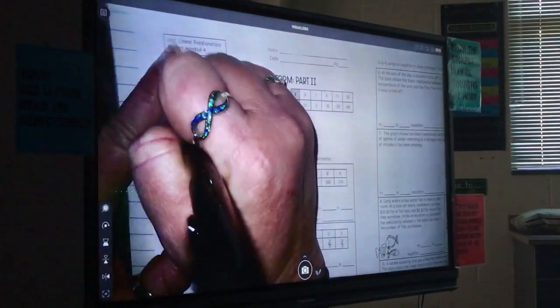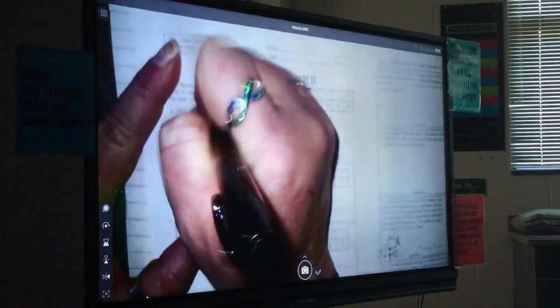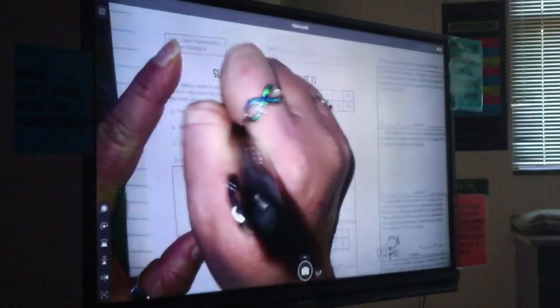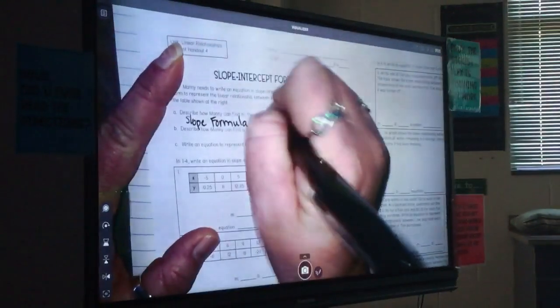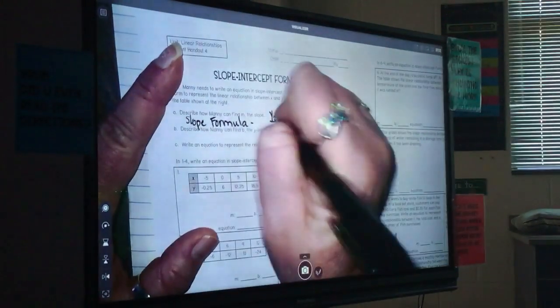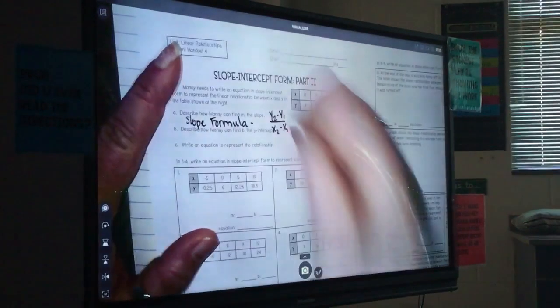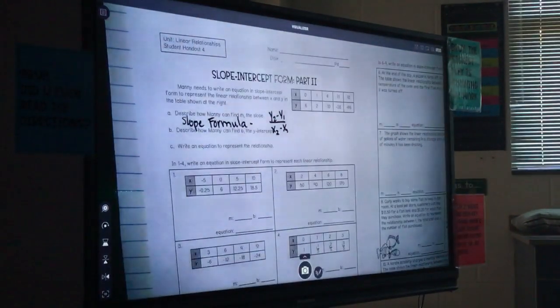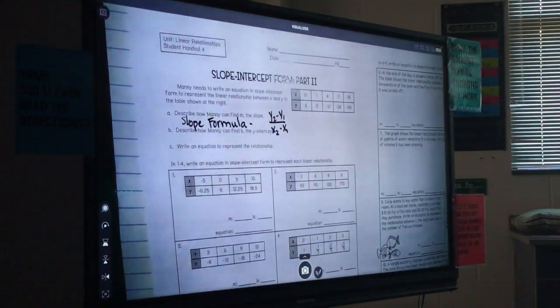That's the slope formula, which is y2 minus y1 over x2 minus x1. So essentially that is the correct answer for A. You could have written more, but for the most part, that's what I want you to know.